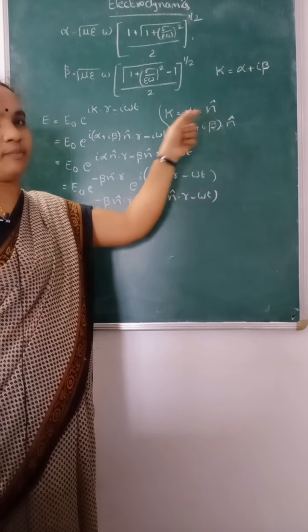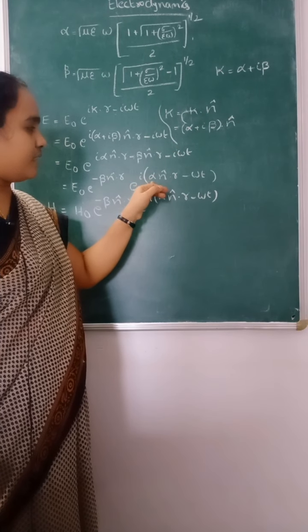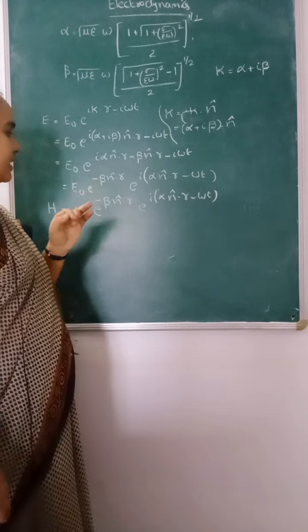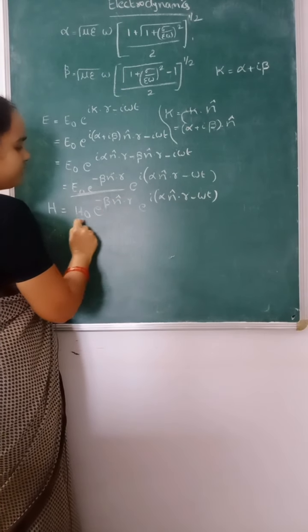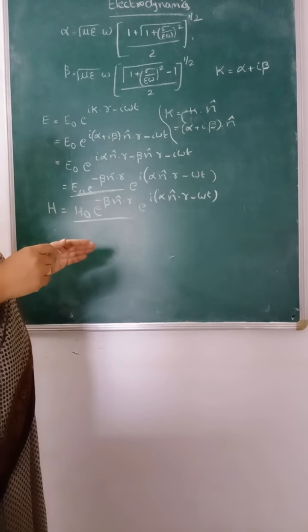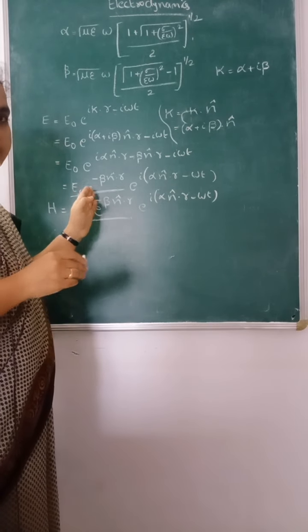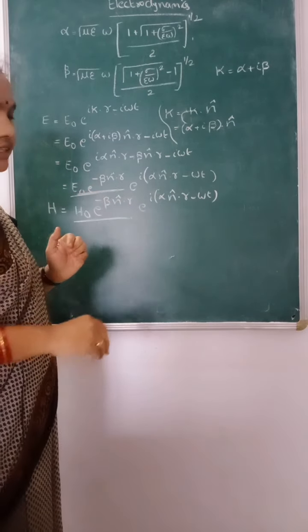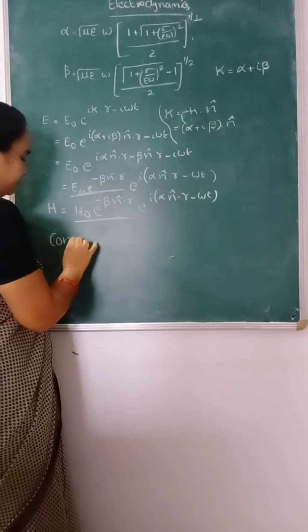Taking the real part, there is an extra term in the amplitude. We have assumed that E naught and H naught are complex amplitudes, multiplied by some exponential term, that is in conducting media.